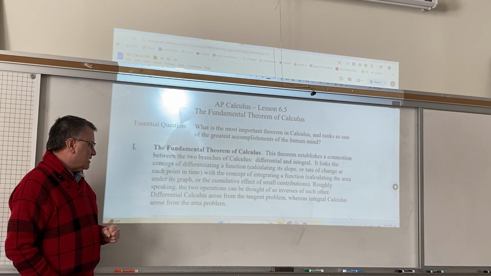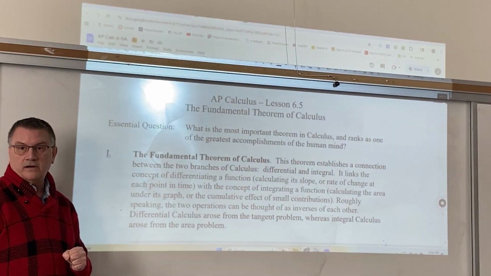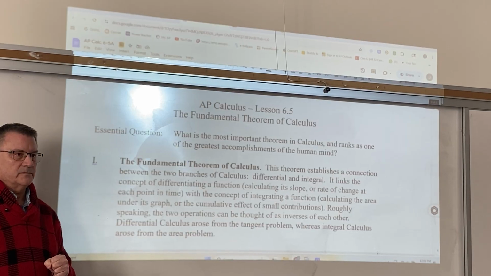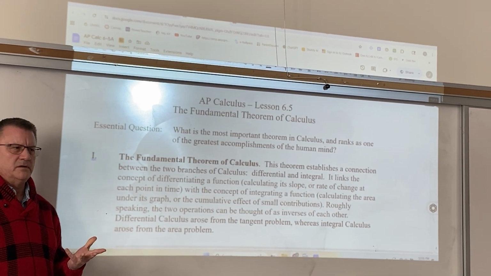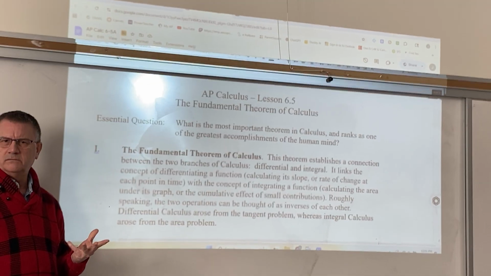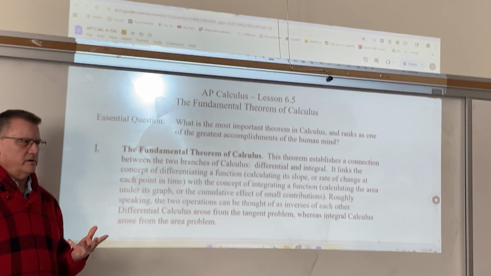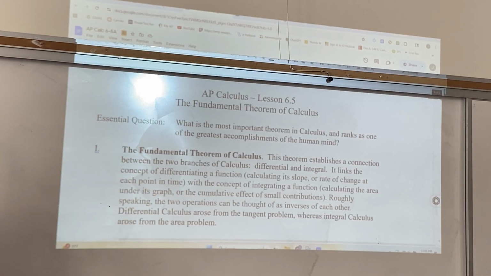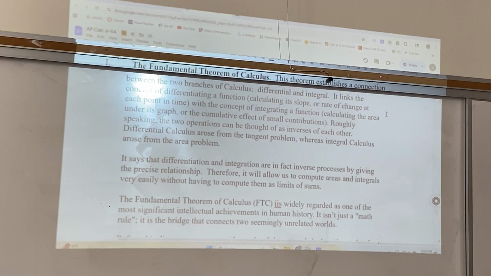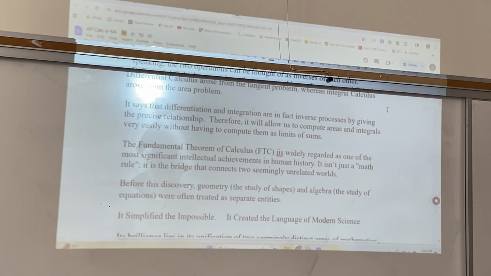And the integral calculus arose from finding the area under a graph to the x-axis. Seem to be completely unrelated, right? Let's find the area under a curve to the x-axis. Let's find the slope of a point on a curve. Those are the two areas of calculus we're concerned with.